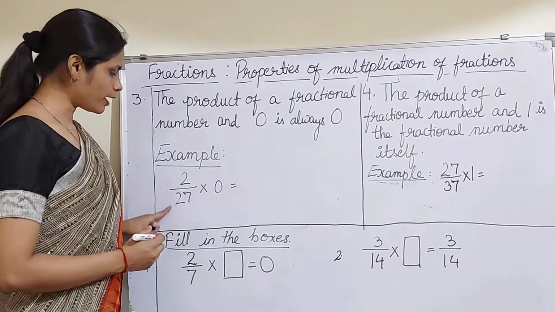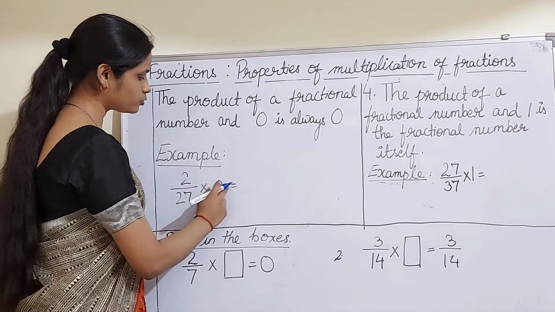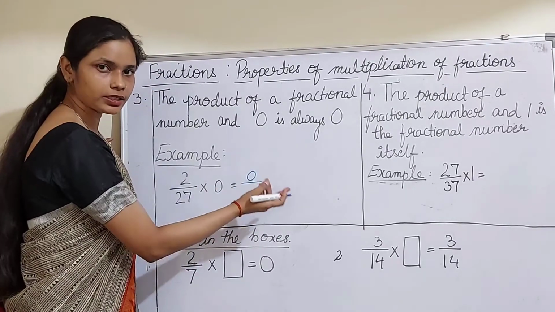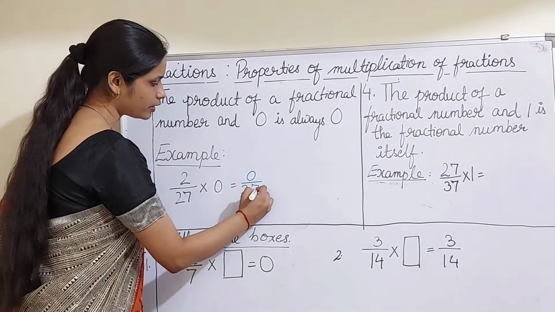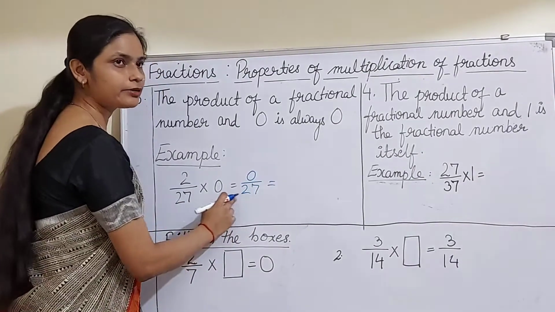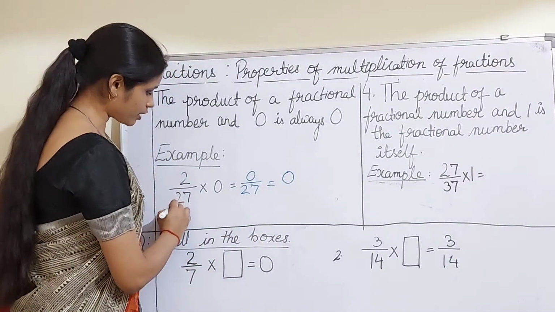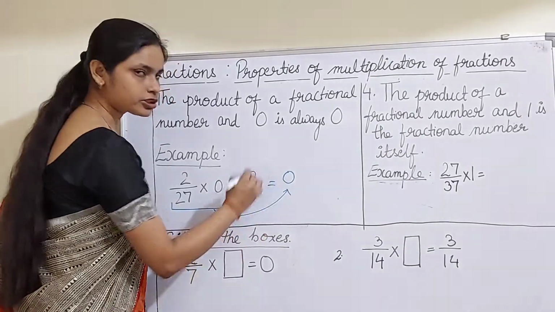I have taken 2 by 27 multiplied by 0. So in the numerator we have 2 into 0, that is 0. Any number multiplied by 0 will give us 0. And in the denominator we have 27 into 1, that is 27. Now 0 divided by 27 will give you the answer as 0. So whenever a fraction is multiplied by 0, the result will always be 0.